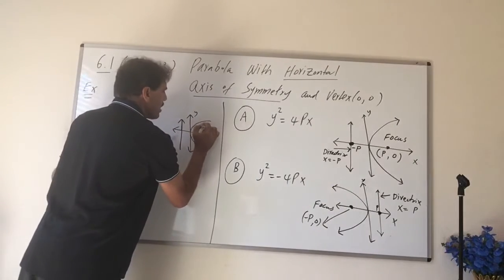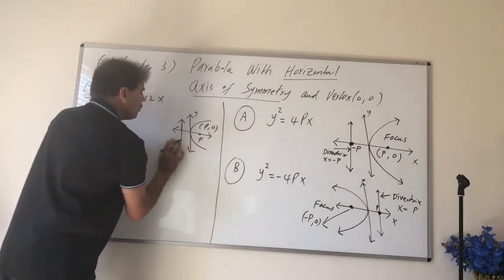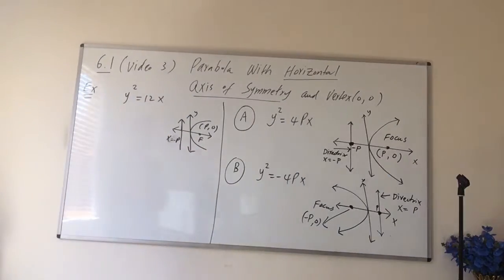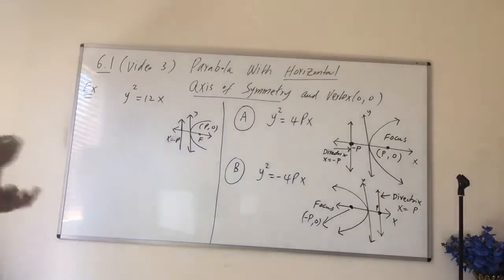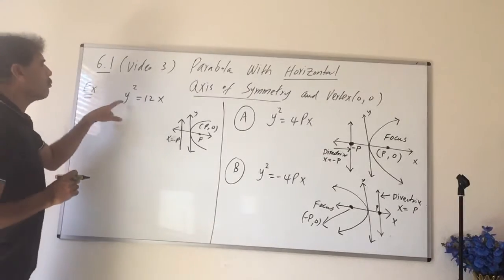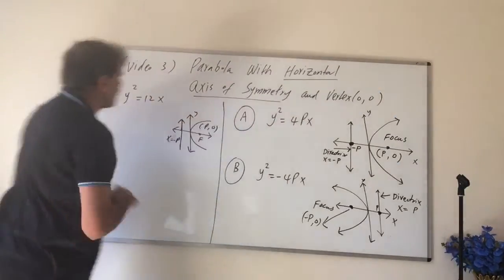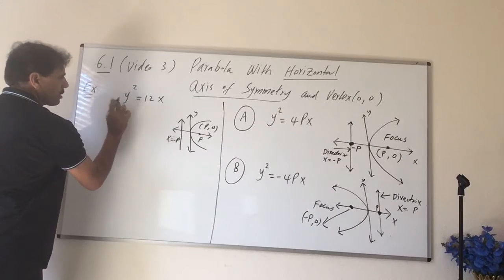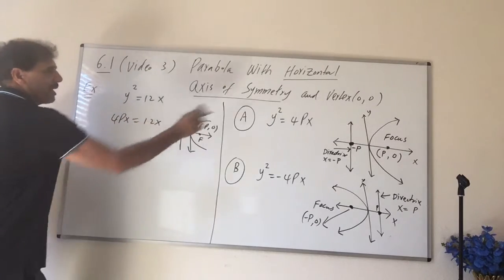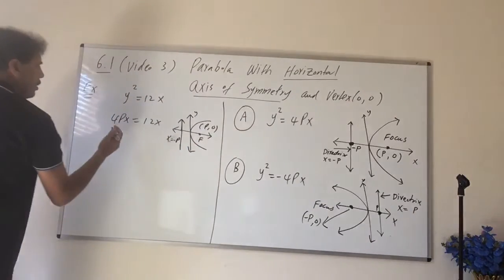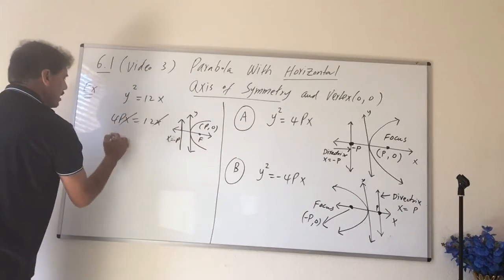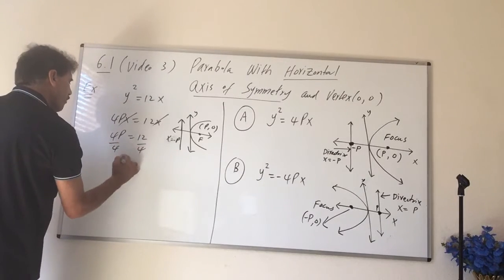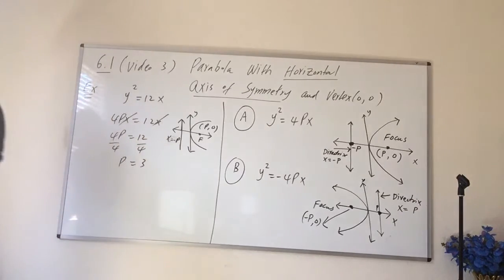Here is p, 0, and this is x equals negative p. The main task is still finding p. How do you find p? We substitute: y squared equals 4px, which equals 12x. The x cancels, so 4p equals 12. Divide both sides by 4, so p equals 3.